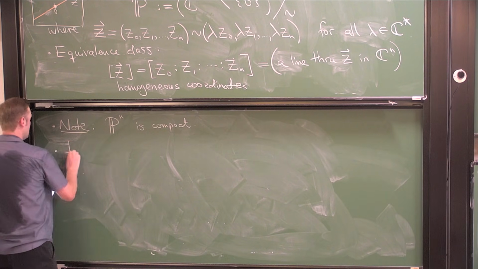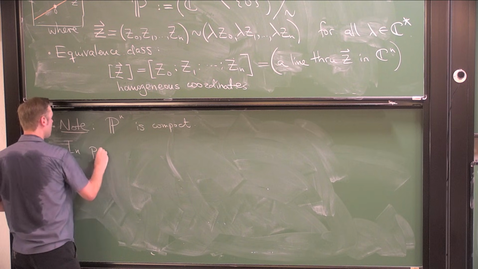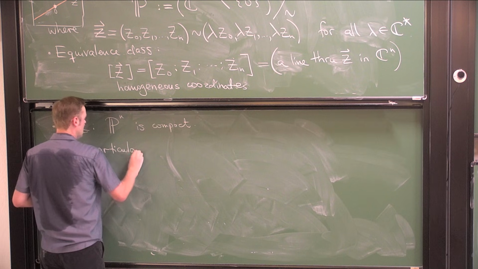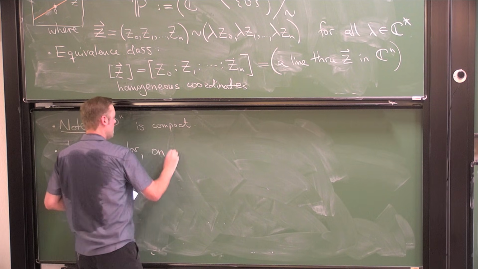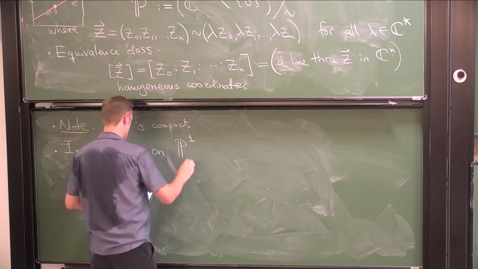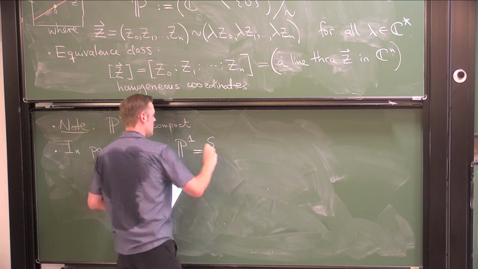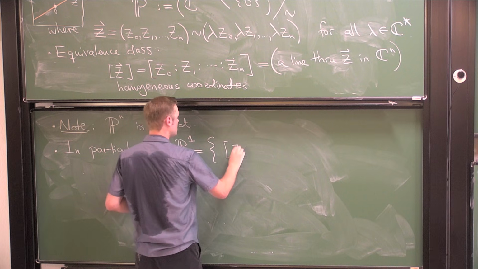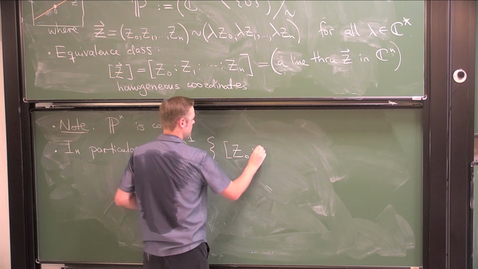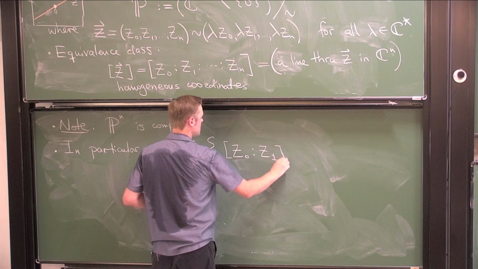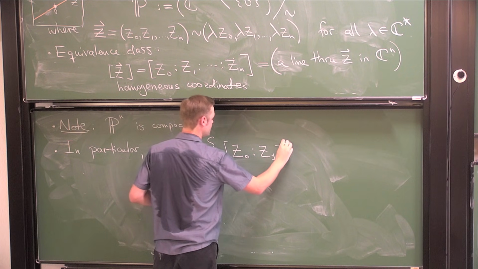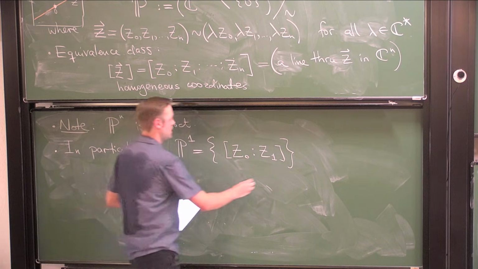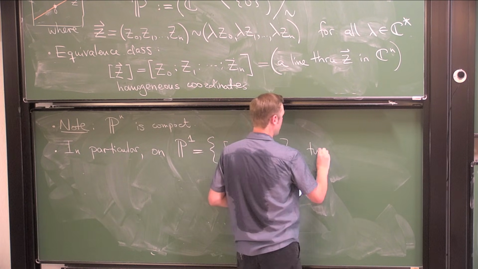So let me review this. Some of you have seen this, so this will be a good review. In particular, on P1, which is the set of homogeneous coordinates that have just two entries, Z0 and Z1, there are two affine charts.